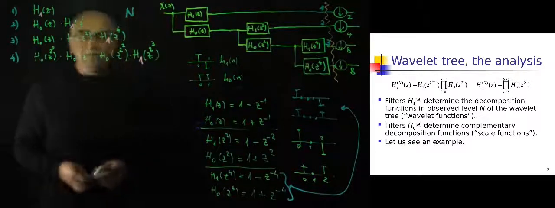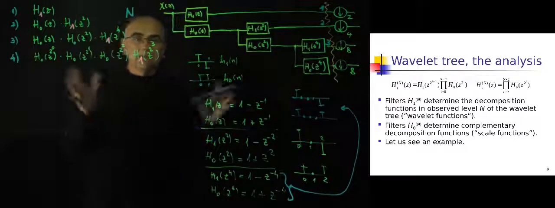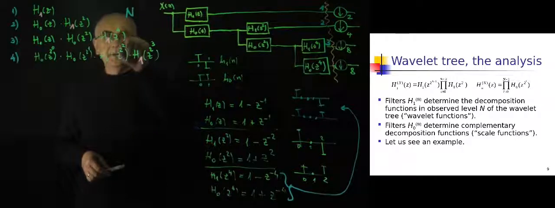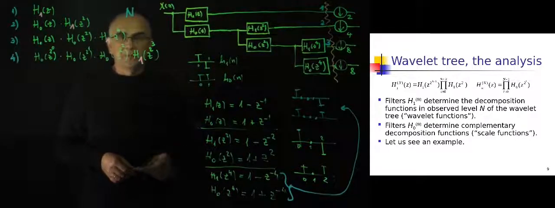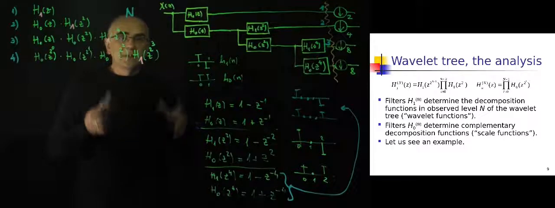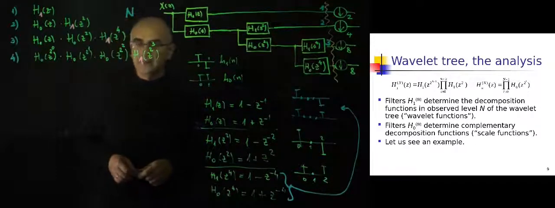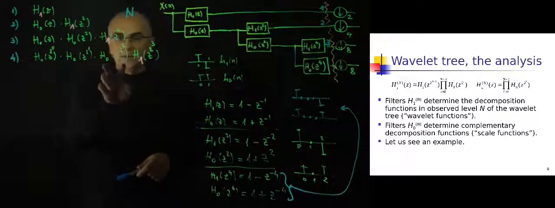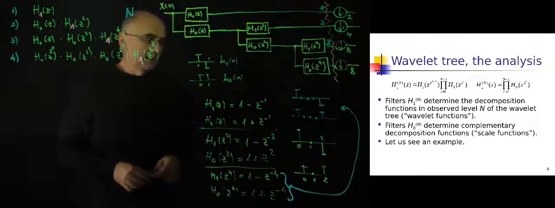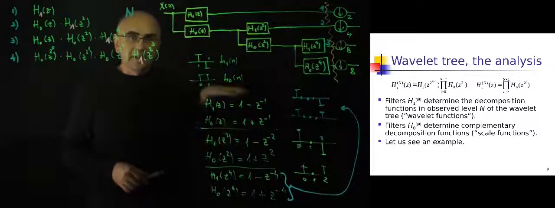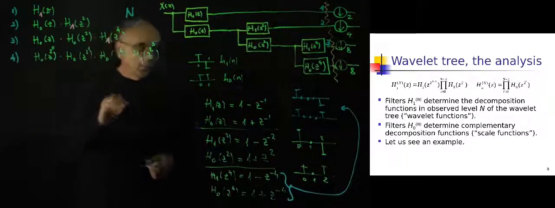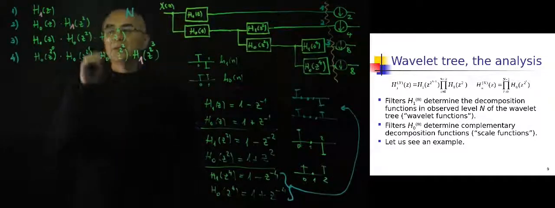So it is something that is very, very simple. The higher powers of Z correspond to inserting zeros. In French, it's called à trous, which means with holes. So these filters are actually filters with inserted zeros in their impulse responses. The number of non-zero samples remains the same.